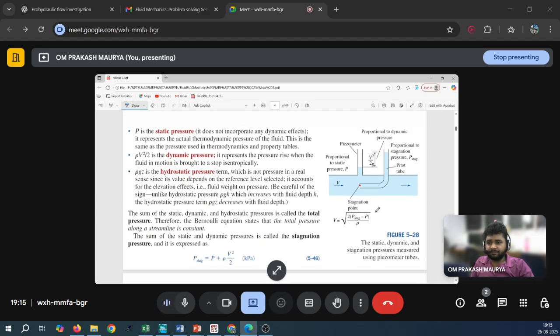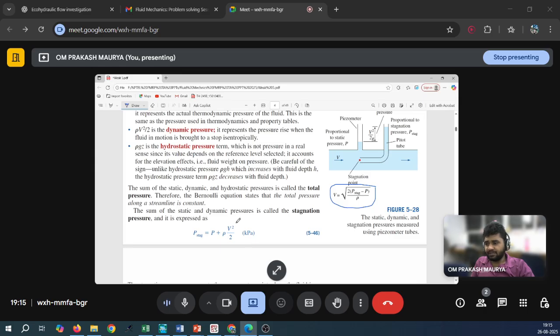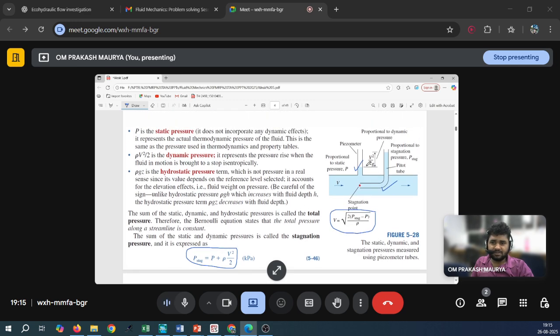As you can see here, this is the formula, and here you can also see the stagnation pressure and how you calculate it. Here the stagnation point is at the pitot tube, and this here is the piezometer. From here to here is your velocity head, the lower one is the potential or static pressure, and the above one is your velocity head.